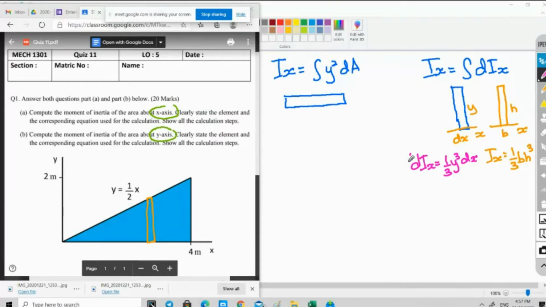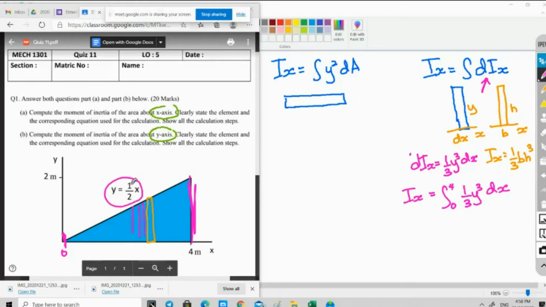So once you establish this one, you just plug into here, right? And you are ready to integrate, meaning that Ix will be an integration. Because we chop off like this, the first element is here, the last element is here, so you integrate from 0 to 4. Then you plug in dIx, which is the whole thing here, 1 over 3 y cubed dx. And of course, you have to convert this y in terms of x to integrate with respect to x.